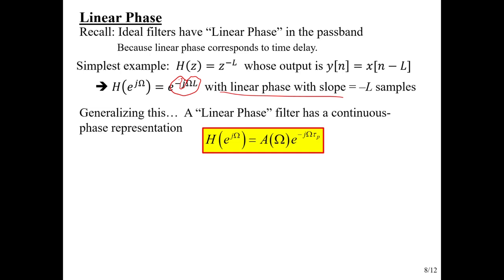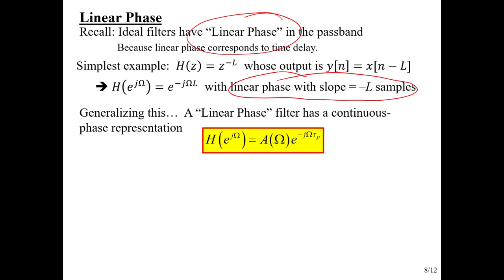And now we can generalize this idea. So we have this concept of linear phase. I'm not going into lots of detail on that because you should have seen that already. We can generalize this and say, well, a filter that may not have this exact idea of linear phase with a negative slope, and I should have stated this explicitly, and it goes through 0 at omega equal to 0.